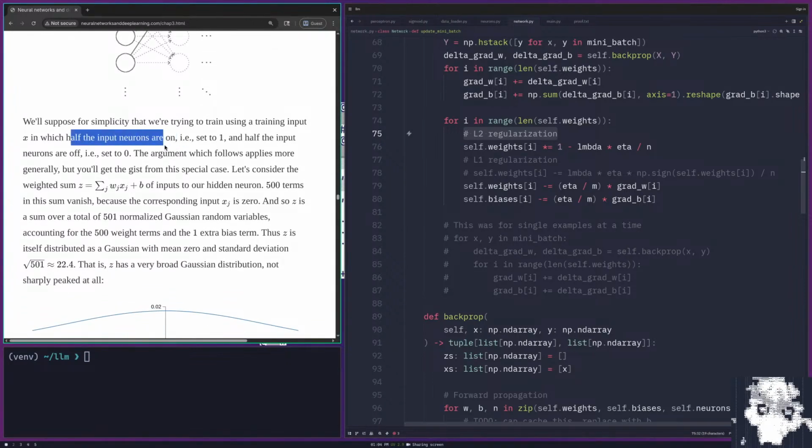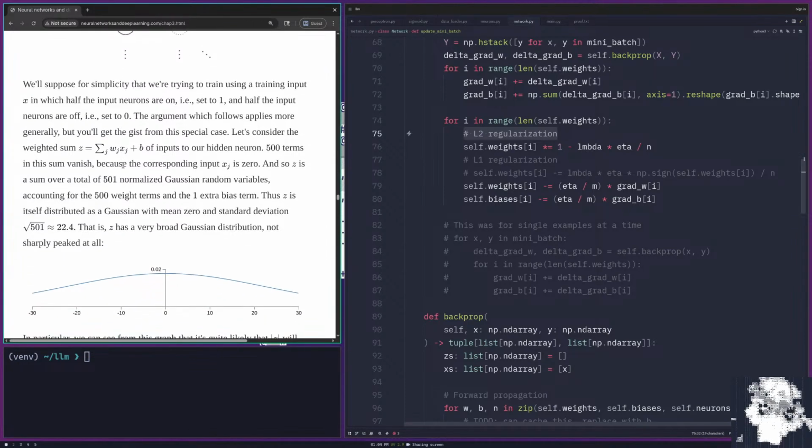Half the input neurons are on, so we've got half zeros and half ones, and there's 1,000 inputs. The weighted sum: half of the x's are 0 and half of them are 1. The w's are set according to a Gaussian distribution.